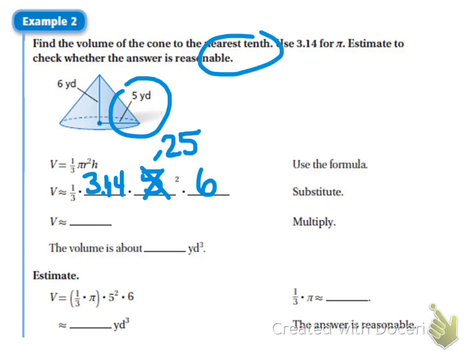Sophia. 157. That is correct. Chris, when you put in your calculator 3.14 times 25 times 6, what do you get? The answer was 157. Excellent job.